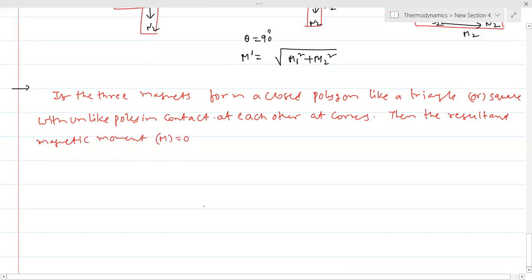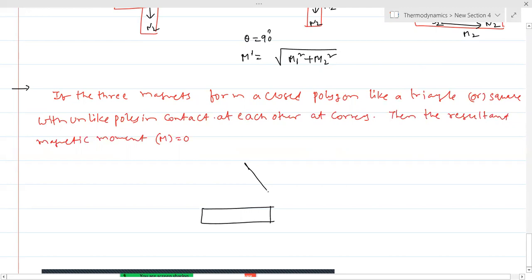So that means, for example, I'm taking these are the three magnets.